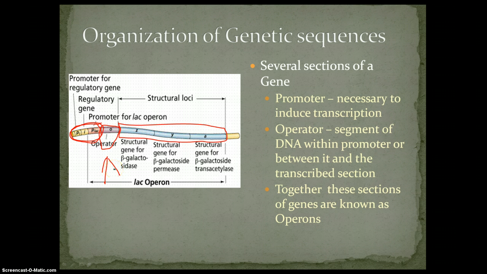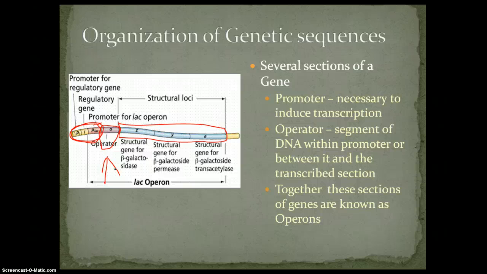Now, the operator is usually a sequence that's inside the promoter. So this whole region over here is known as the promoter. But the operator is a section where inhibitors can bind and stop the process of transcription. The promoter is what causes it to begin. The structural sequence is where the actual key polypeptide structure is located.